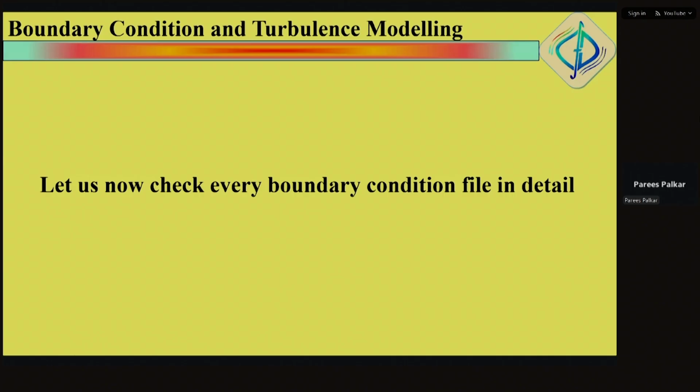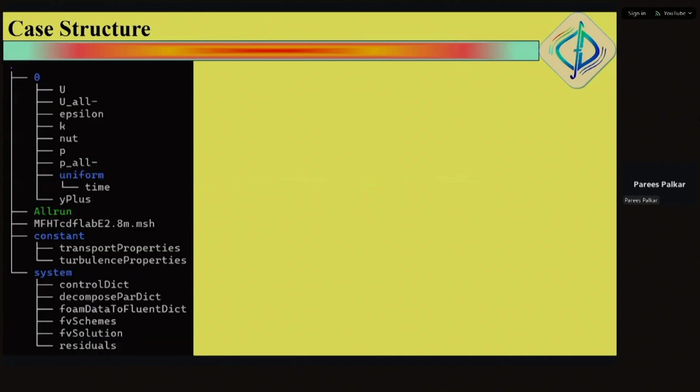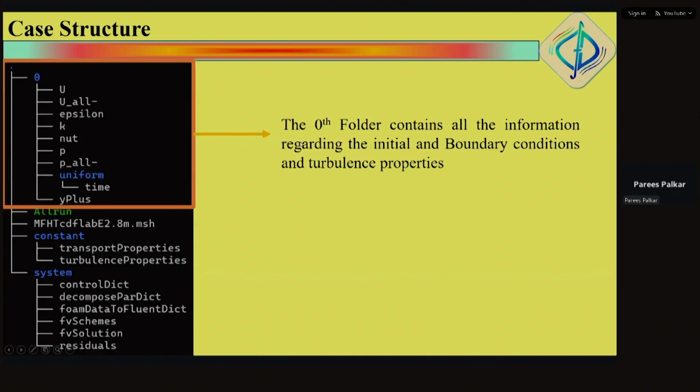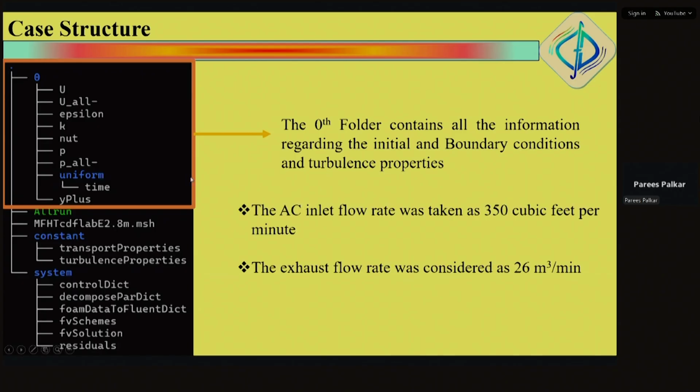Now let us check the boundary condition files in detail. This is our case structure. This is the zeroth folder. The zeroth folder contains all the necessary information regarding the initial and boundary conditions, along with the turbulence properties that we intend to implement.